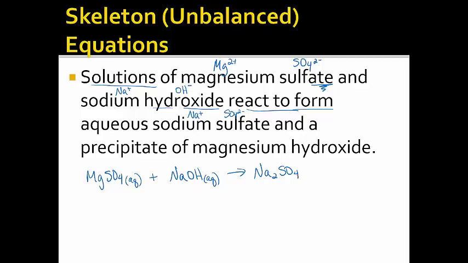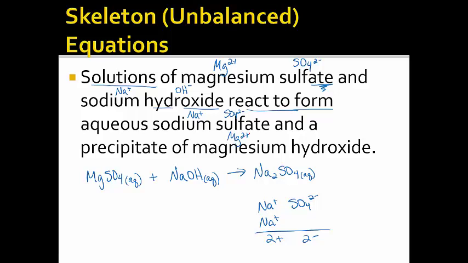Because Na is a plus, SO4 is a 2-, right? So I'm going to need another sodium in order to have 2 pluses and 2 minuses balance each other out. So Na2SO4, which is going to remain in the solution, and it's going to also produce magnesium hydroxide.